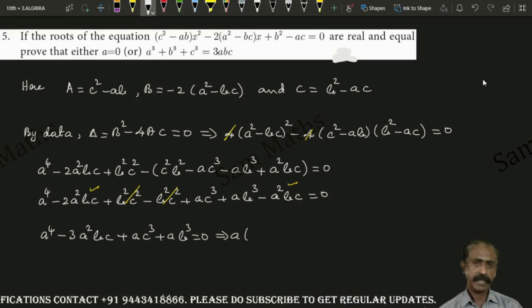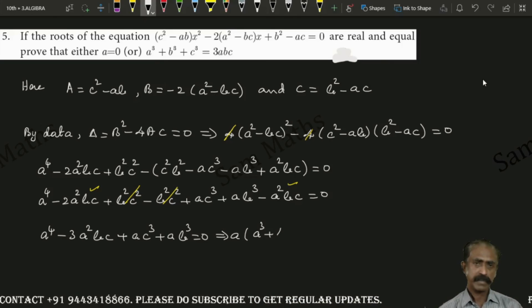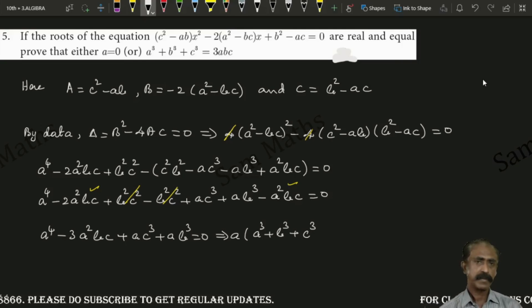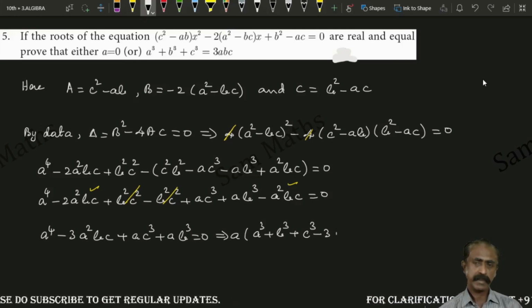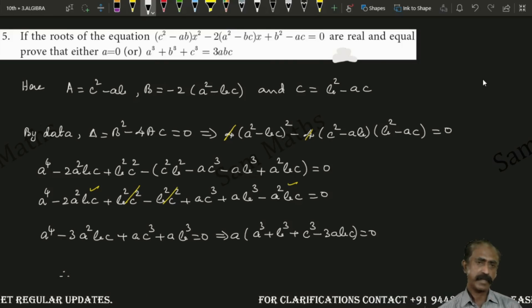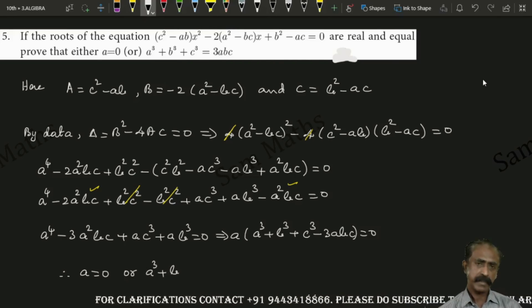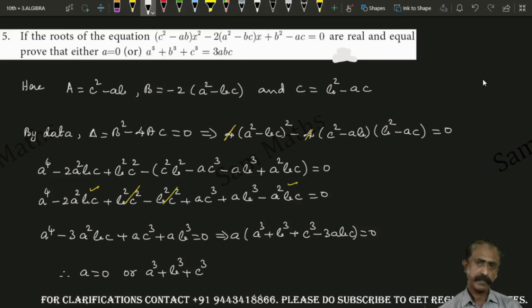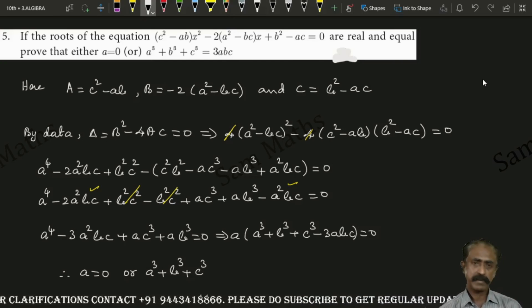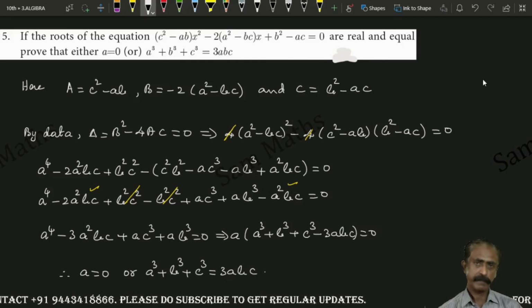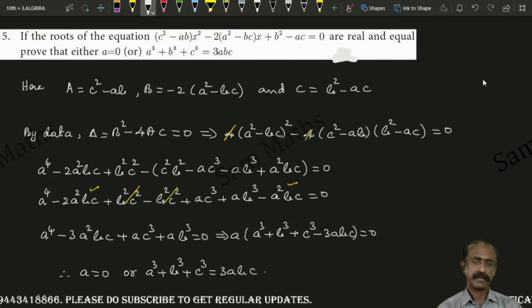It becomes a cube plus b cube from the last term plus c cube minus 3abc equal to 0. Therefore, we are getting a is equal to 0 or a cube plus b cube plus c cube minus 3abc equal to 0, that is a cube plus b cube plus c cube equal to 3abc, which is the required result.